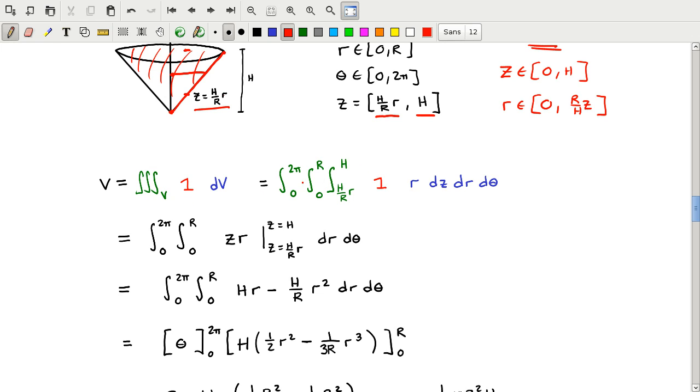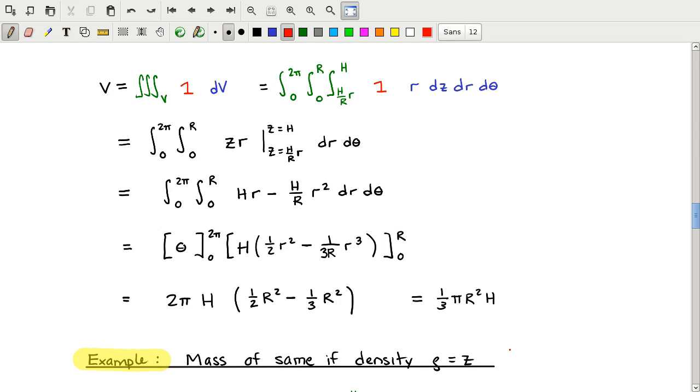So the triple integral becomes theta from 0 to 2 pi, little r from 0 to capital R, and z from h over R times little r to capital H. The integrand is then just 1, and the volume element becomes r in this order, dz dr d theta, so that our d terms are in the right order for the integrals, working our way inside to outside.